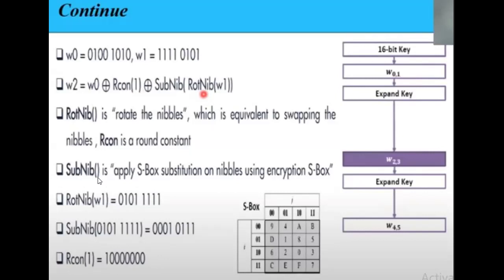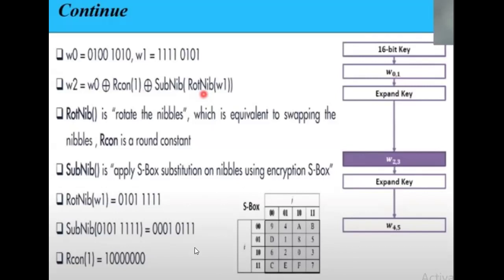As we used substitution boxes in simplified DES, in a similar way here we will use a substitution box. Again, the substitution box is defined by the algorithm itself; we are not creating the substitution boxes. If you look at the substitution box, it is a 4 by 4 matrix and the values are defined over here.